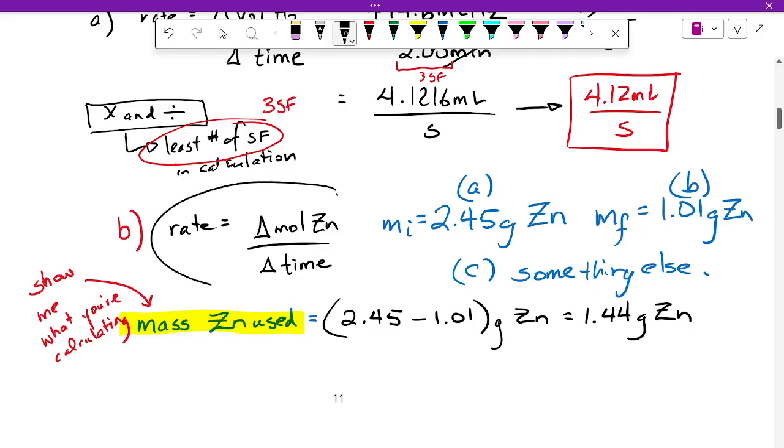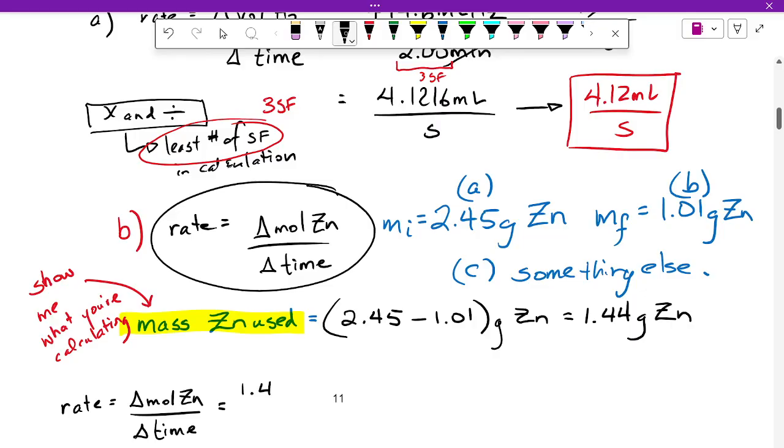And we want our rate equals the change in moles of zinc over the change in time. And we're going to start with 1.44 grams of zinc per time.